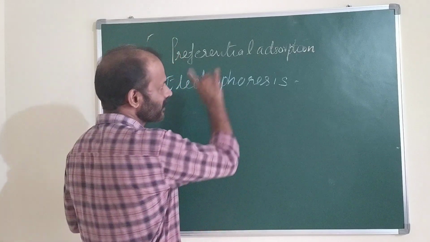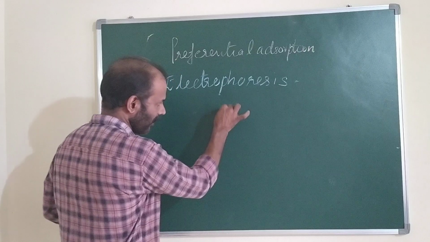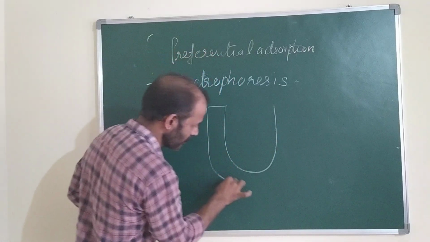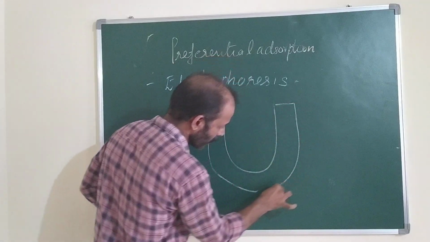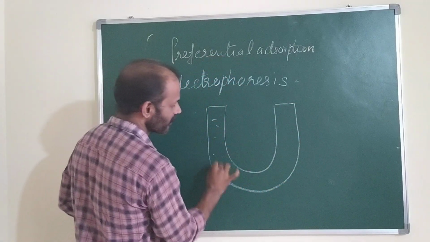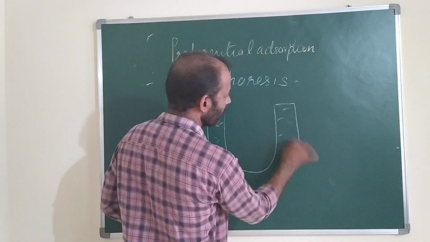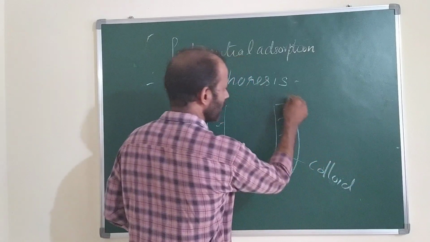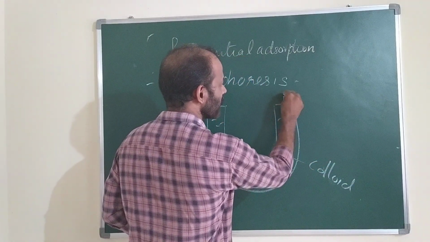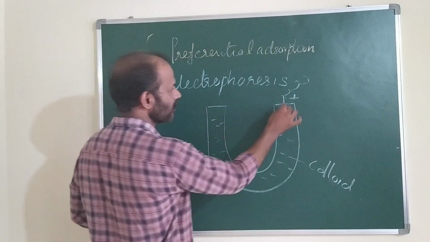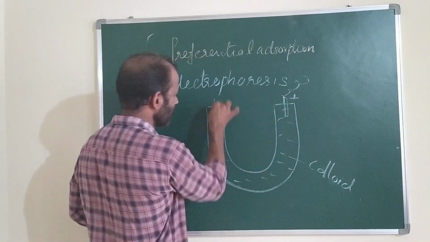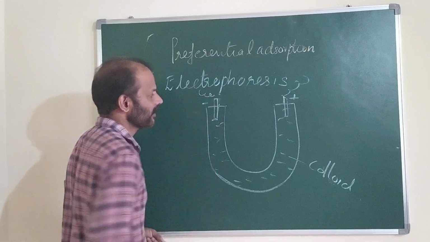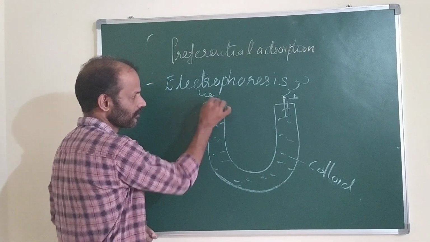When charged colloidal particles are placed in an electric field, this is the colloidal particle, here is the positively charged electrode, and here is the negatively charged electrode.